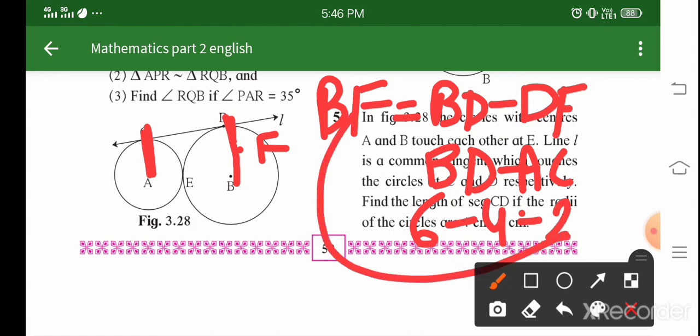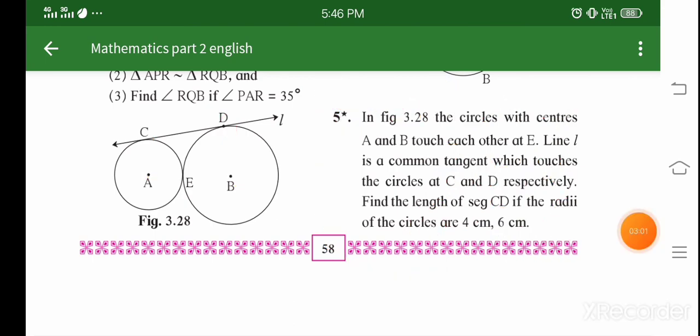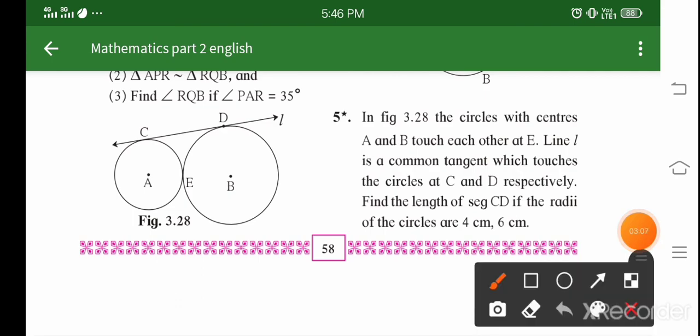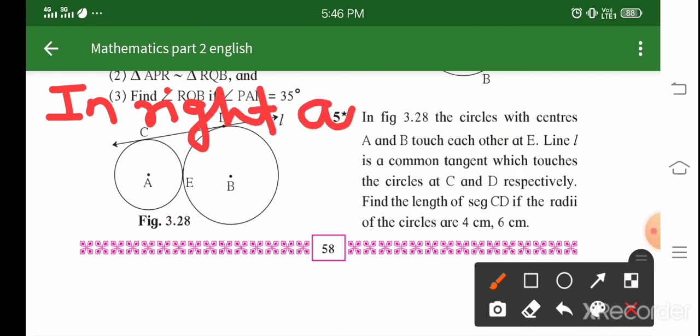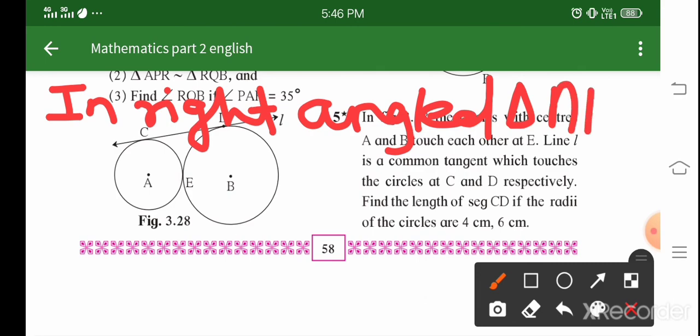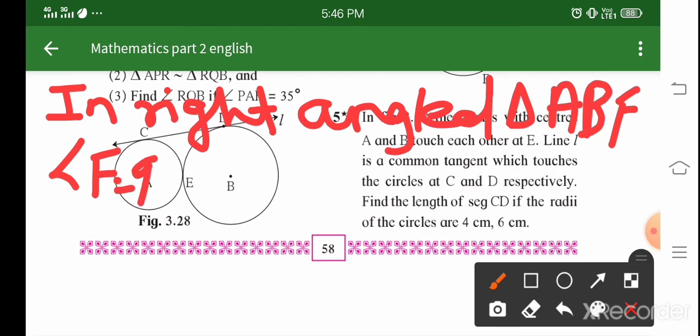So now in the right angled triangle ABF, okay, so angle F is 90 degree, right?